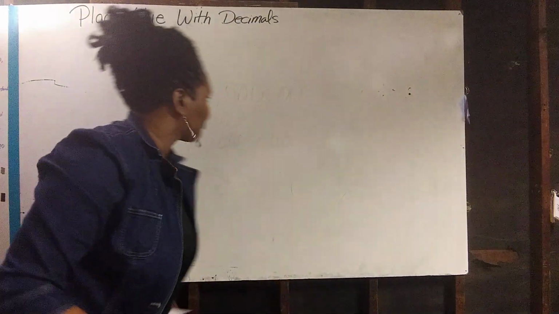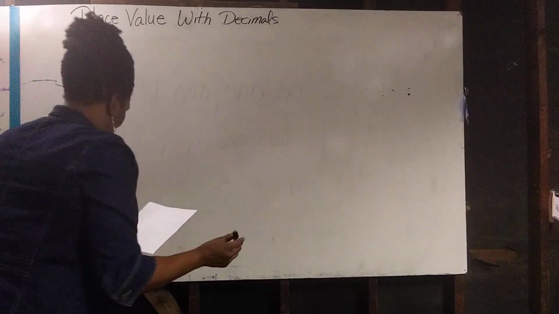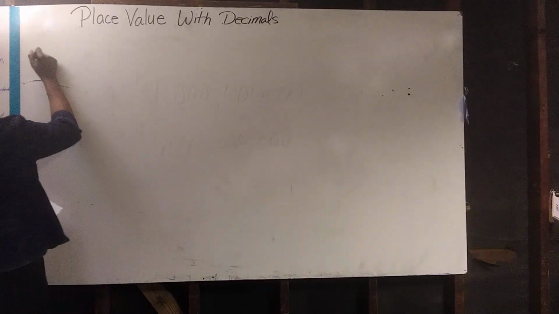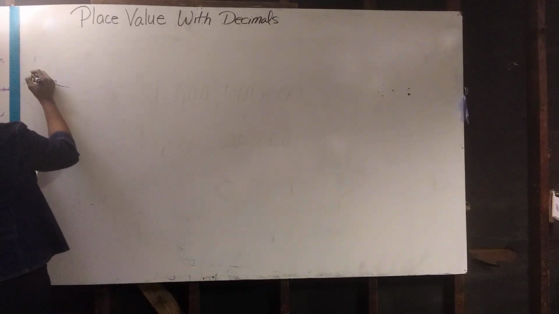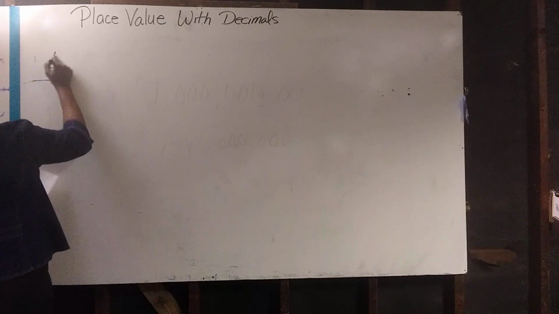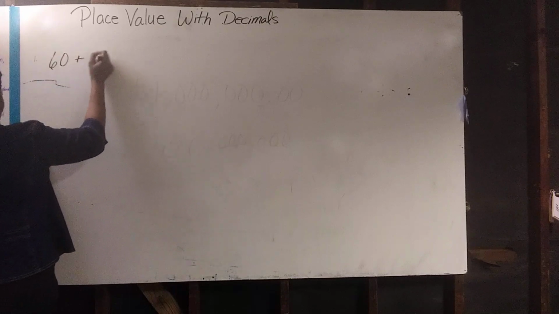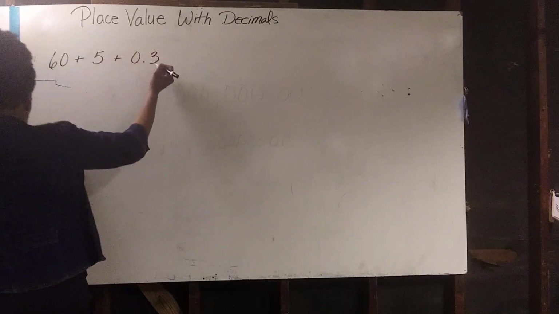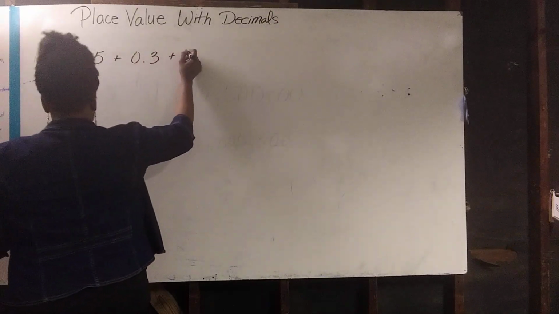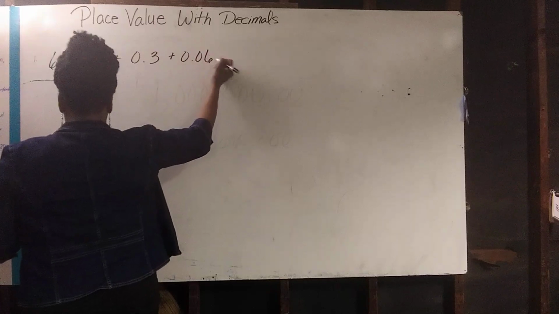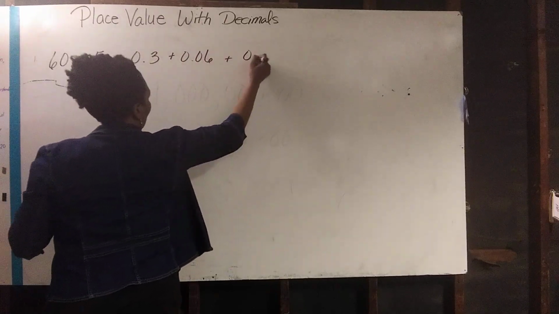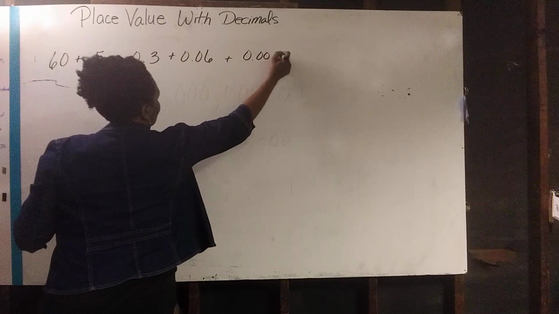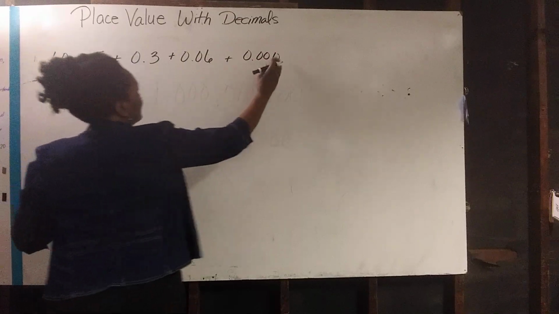All right. So we got a few problems. Let's do 60 plus 5 plus 0.03 plus 0.06 plus 0.007.